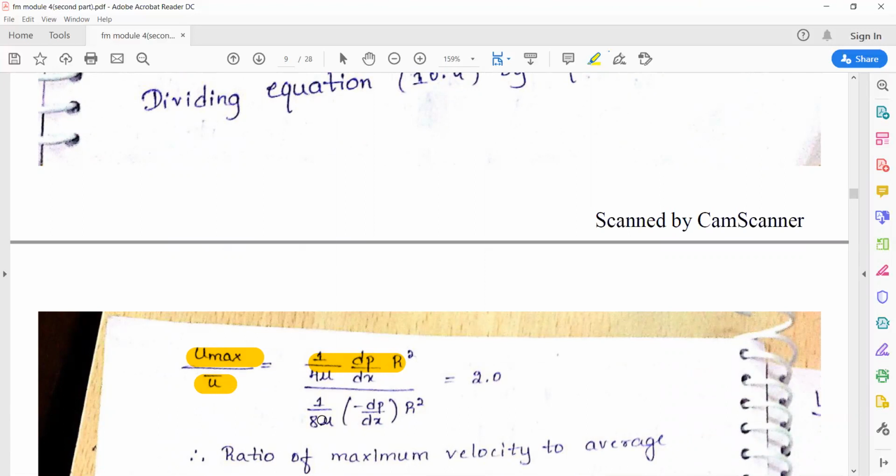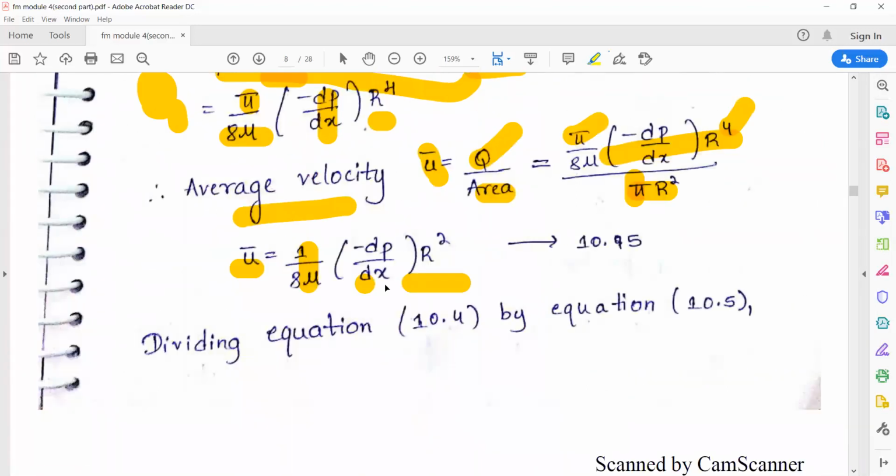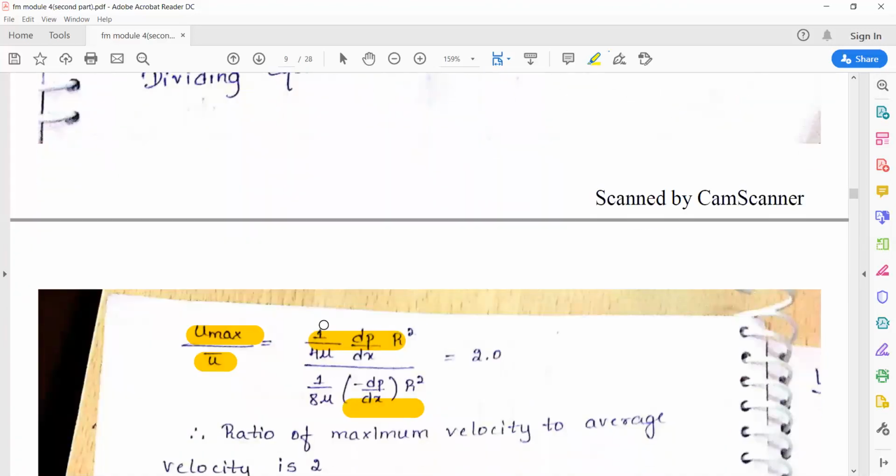U bar is 1 by 8 mu into minus dp by dx into r square, which we already derived. Here 1 by mu gets cancelled, dp by dx gets cancelled, r square gets cancelled. So 4 ones are 4, 4 twos are 8, so 2 goes upside. That means the ratio of maximum velocity to average velocity is equal to 2.